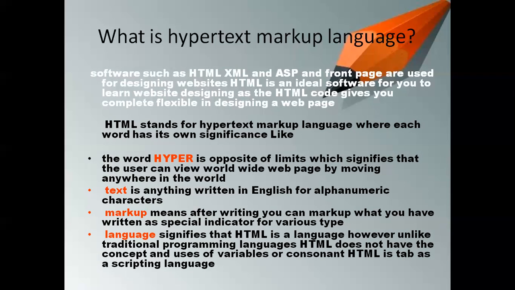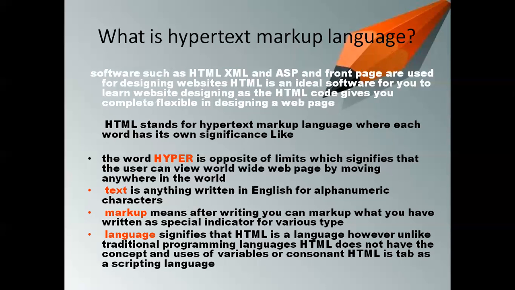However, unlike a traditional programming language, HTML does not have the concept and use of variables or constants. HTML is a scripting language. Other computer languages have their commands, and there we have to use temporary memory like variables or constants. In HTML such a case is not available.